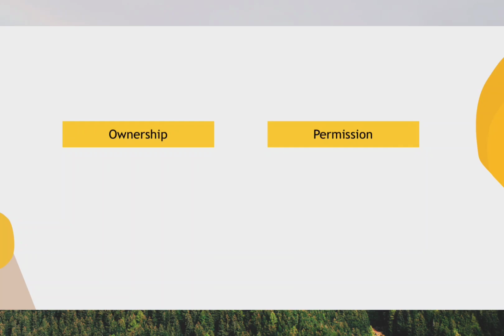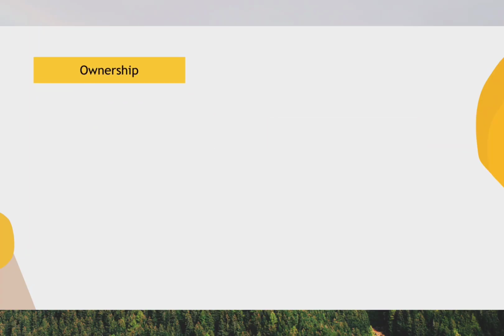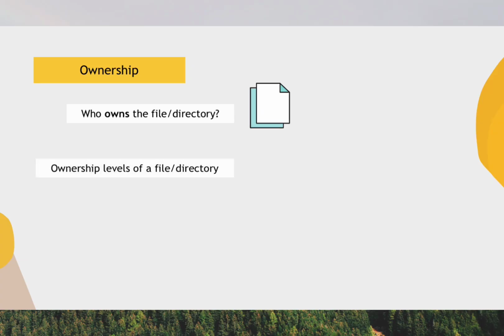First of all, when we're talking about users and their privileges or permissions, we have two concepts that we need to consider. The first one is a concept called ownership. The ownership basically means who owns the files or folders, or who has basically any permission at all for those files. And each file has two different owners.